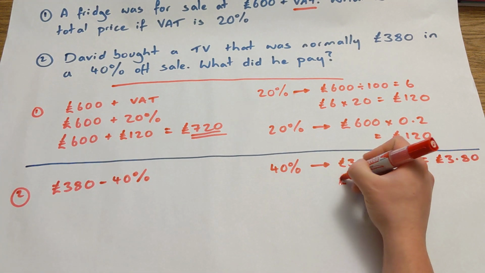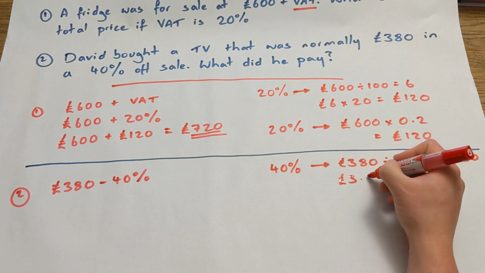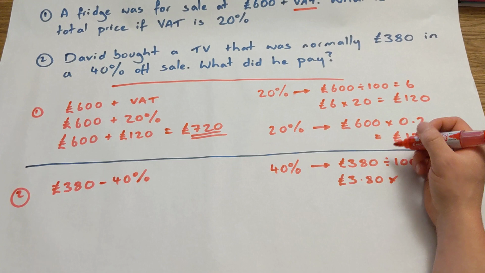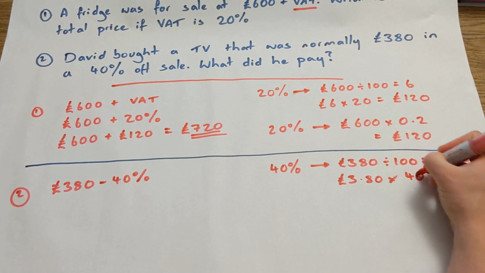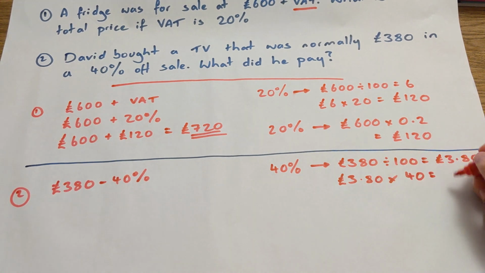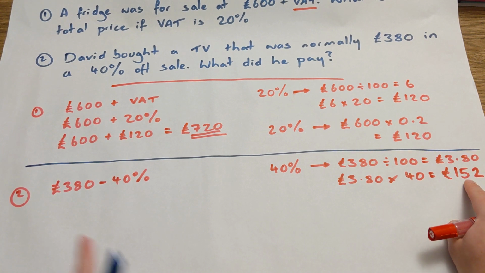So I do £3.80 times 40. Again, we can use our calculator for this, and £3.80 times 40 is £152.